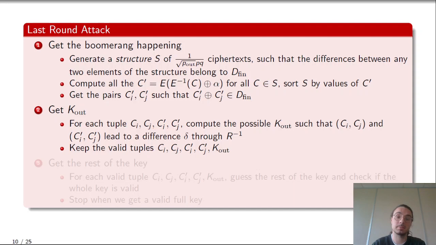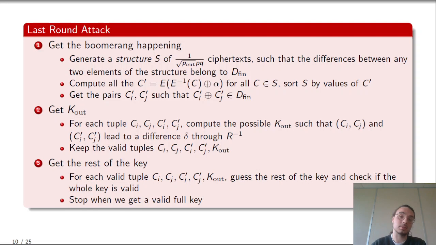And we keep only the valid tuples that make a k_out that makes sense. Then we get the rest of the key by guessing it and checking if the whole key with k_out makes a correct encryption.